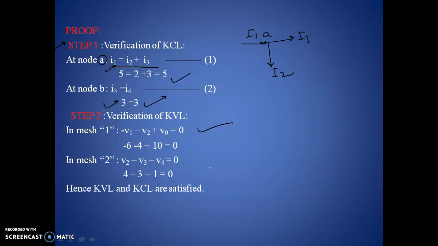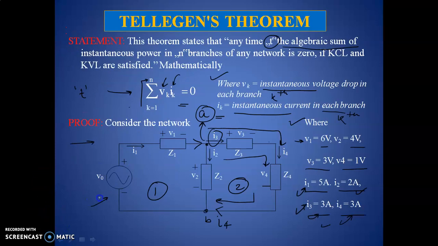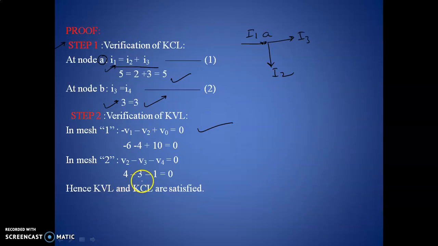As per this law, we have written the equation minus V1 minus V2 plus V0 is equal to 0. Put the values of V1, V2, and V0 given to you. Likewise, in mesh 2, we have V2 minus V3 minus V4 is equal to 0, which is verified.